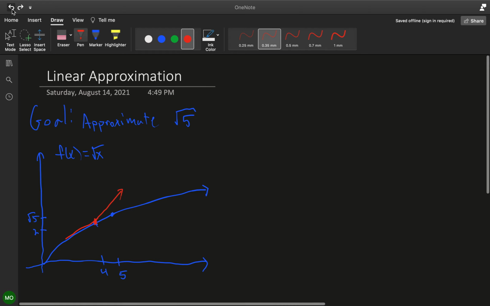I can do better than that. Alrighty, there we go. That's a way better tangent line. Okay. So as we can see, this point here is roughly near the value of square root of 5. So if we call this tangent line L of x, then this point here is 5 comma L of 5.